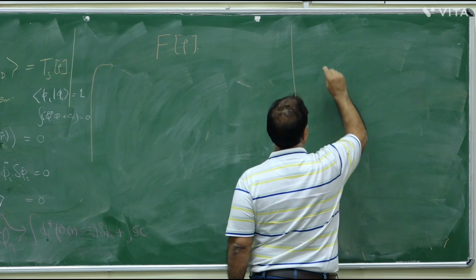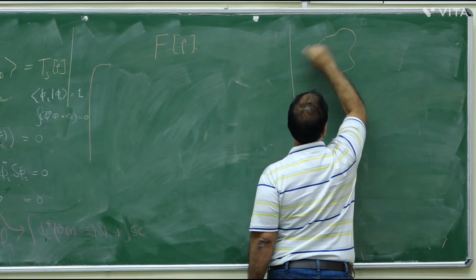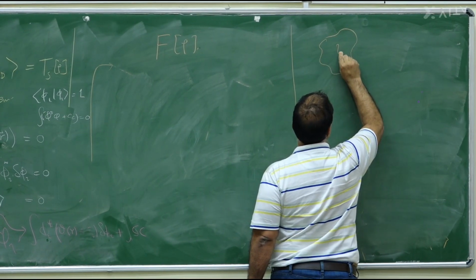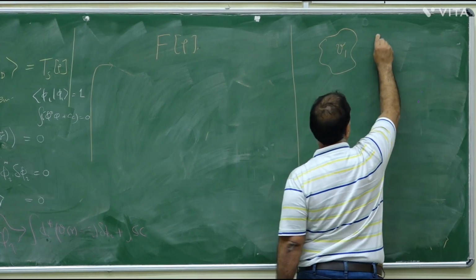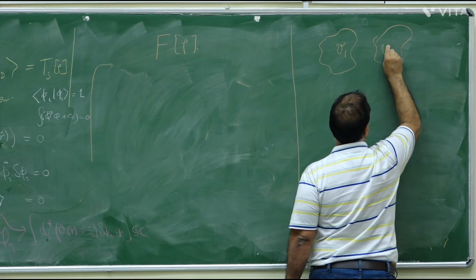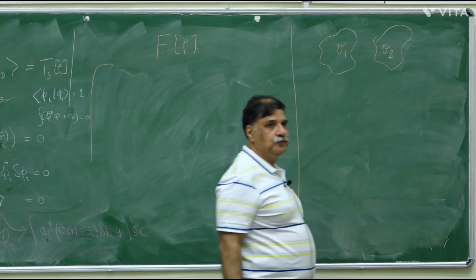It's less complicated. Suppose I have a system with potential V1, and another system with the same number of electrons with potential V2.